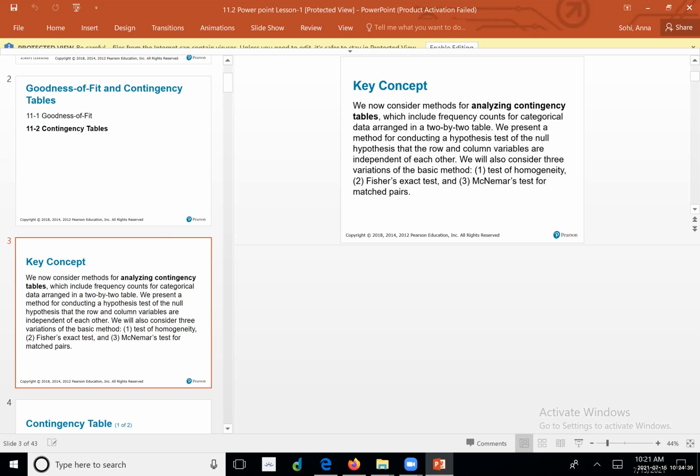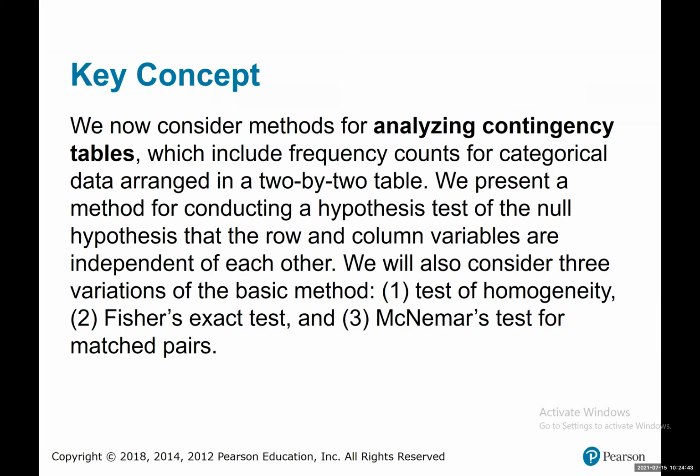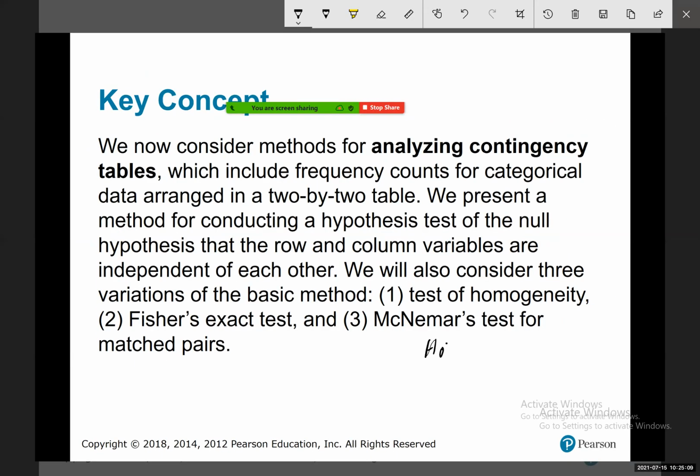So it's arranged in a table that has rows and columns instead of just rows. And we present the method of conducting a hypothesis test of the null hypothesis that the rows and columns are independent of each other. So we have the null hypothesis and the alternative hypothesis.